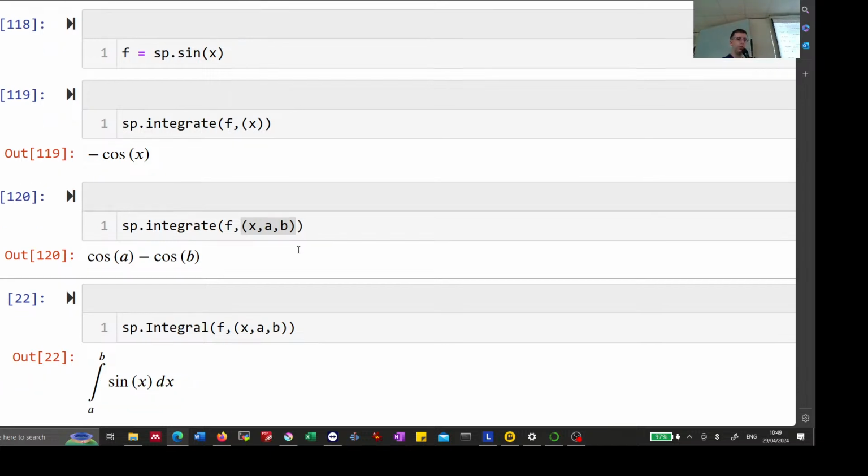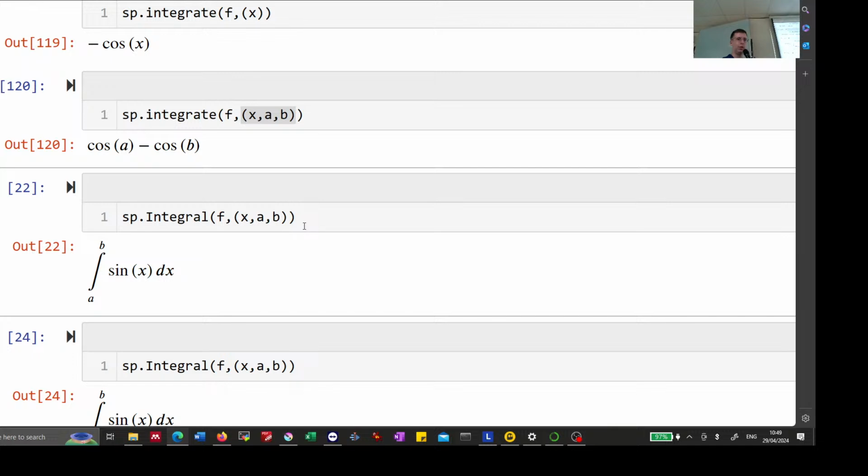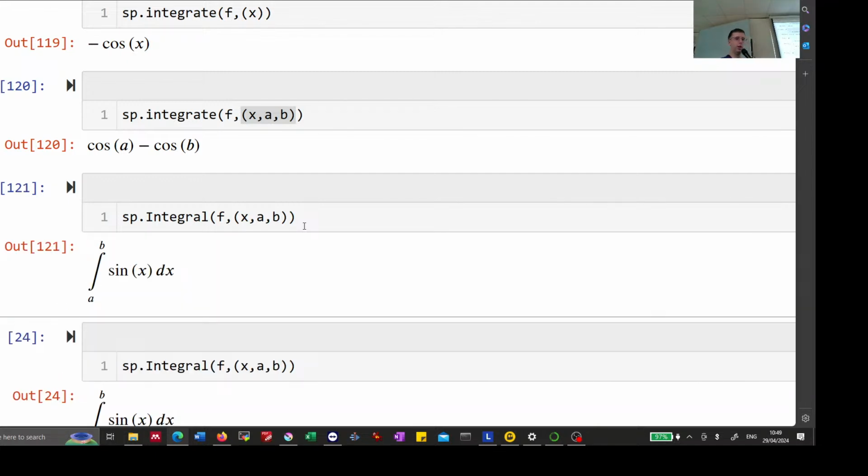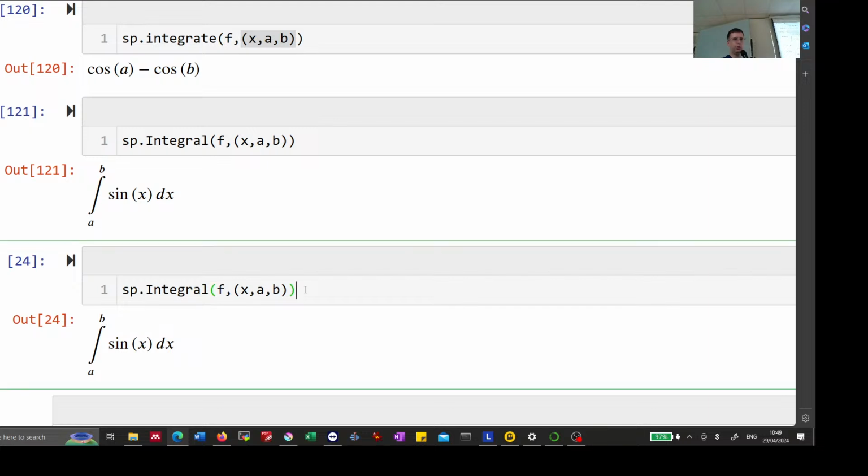Okay, so now the difference to the function integral is that integral does not evaluate a method, right? It just prints me a pretty integral. If we really want to make it evaluated, we again can work with the doit method.